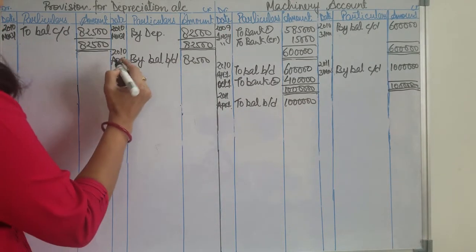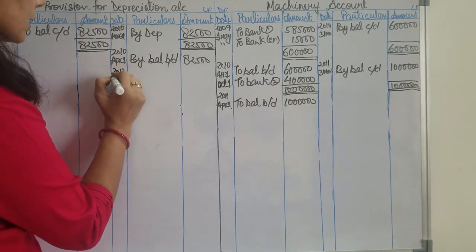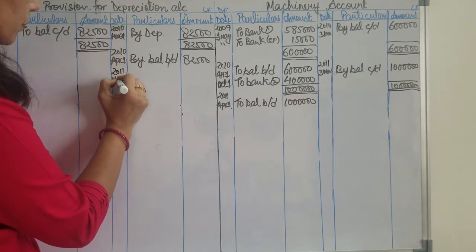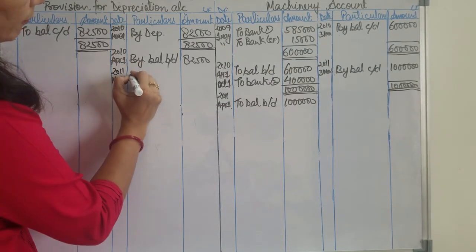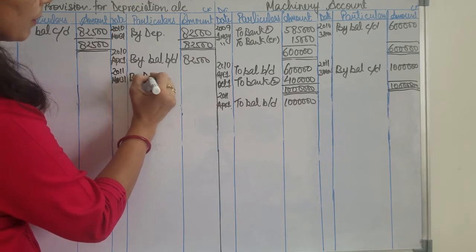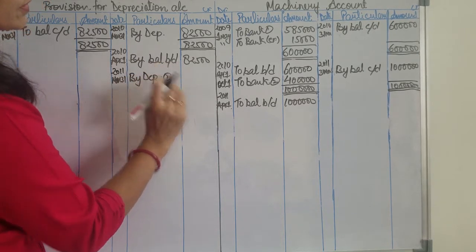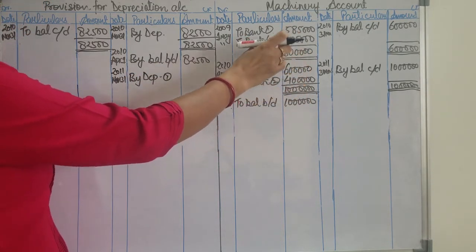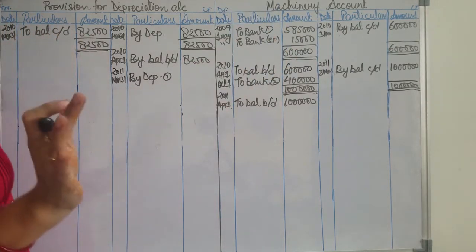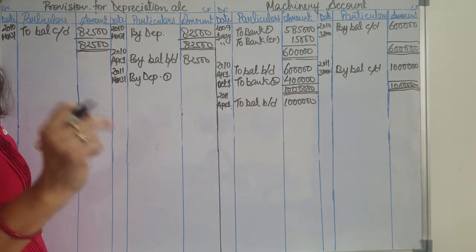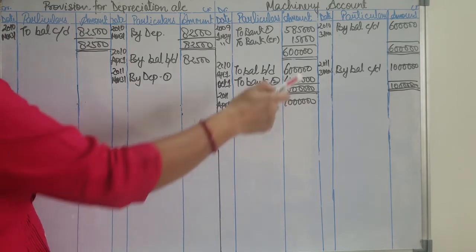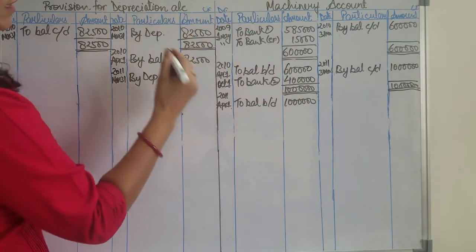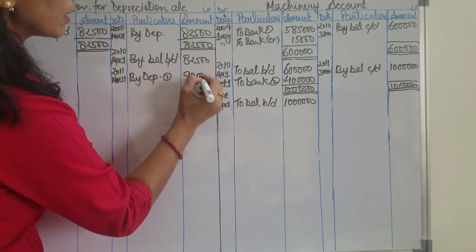Now let's see the entry of depreciation. As depreciation is provided on the last date of the year, it's March 31st 2011, by depreciation on machinery first. This time on the first machinery, the whole 12 months depreciation will be provided at the rate of 15%. So 15% of 6 lakh comes to 90,000.